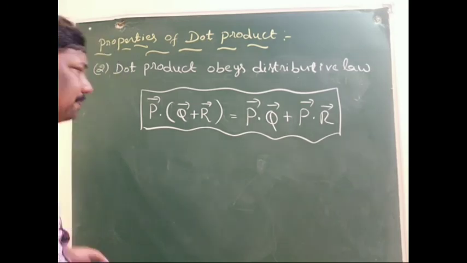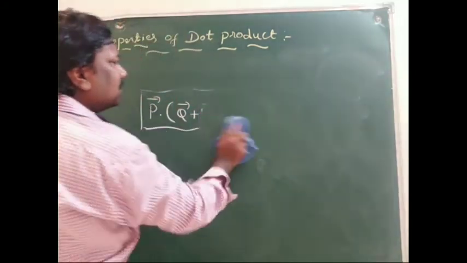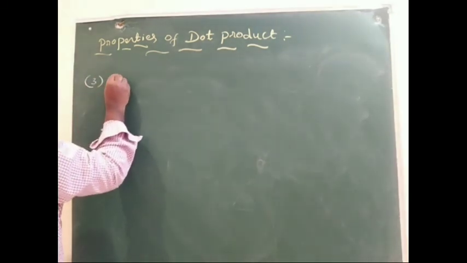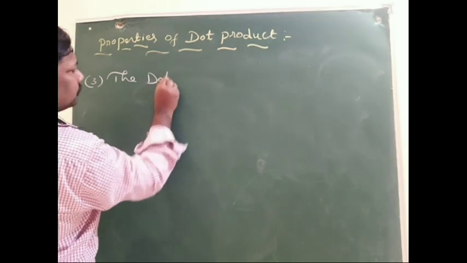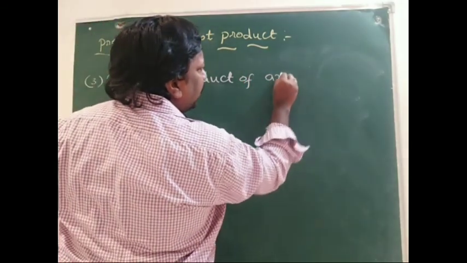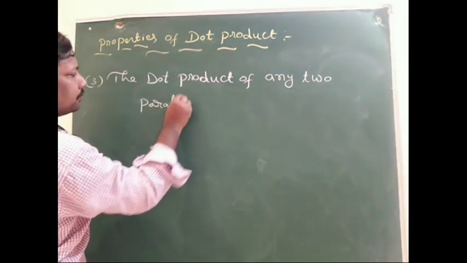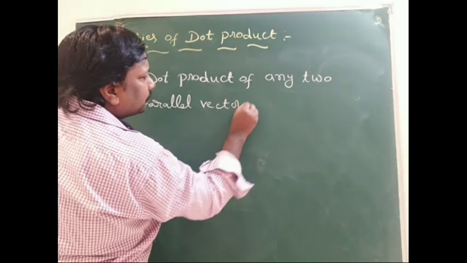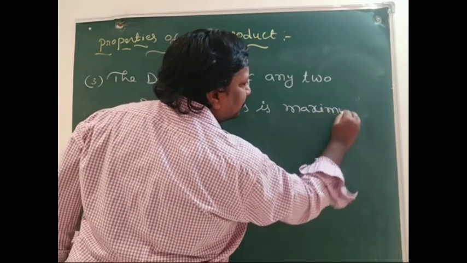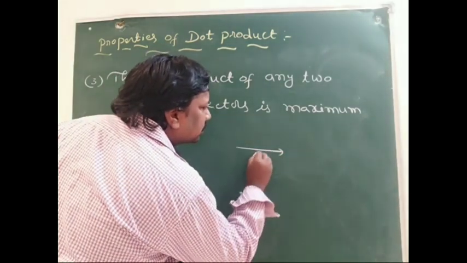The next property is that the dot product of any two parallel vectors is maximum. Here p bar and q bar are two parallel vectors.